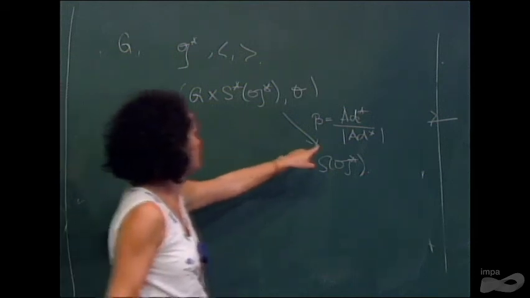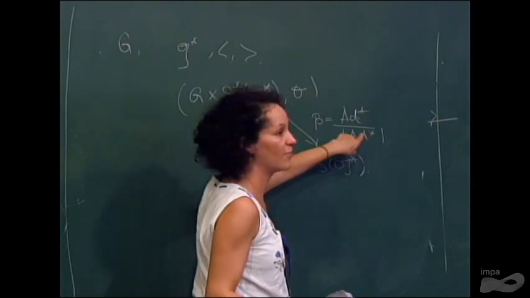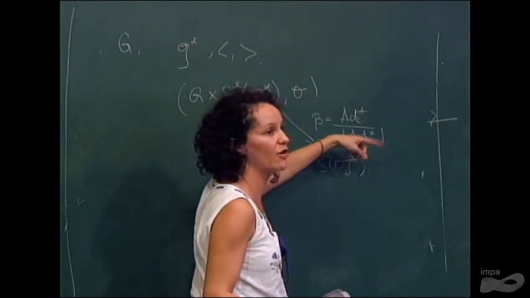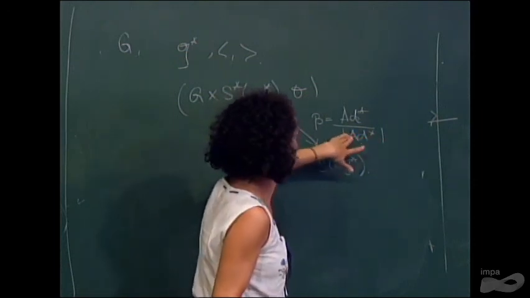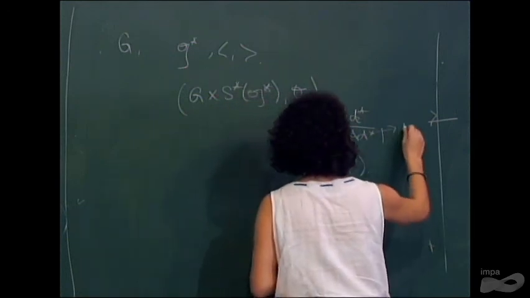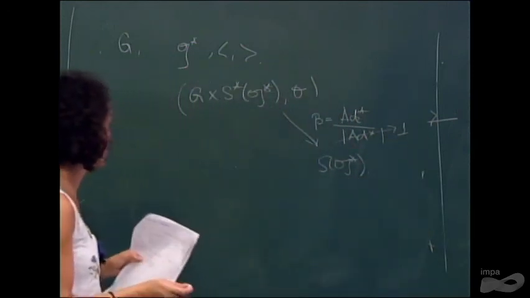So here, because it's G invariant, it means that it's invariant under the coadjoint action. This will be 1. But you get more.